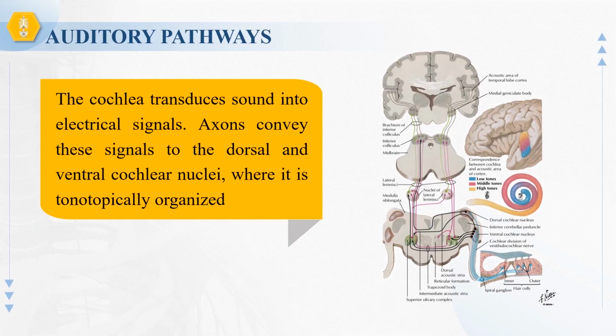The cochlea transduces sound into electrical signals. The axons convey these signals to the dorsal and ventral cochlear nuclei, where it is tonotopically organized.